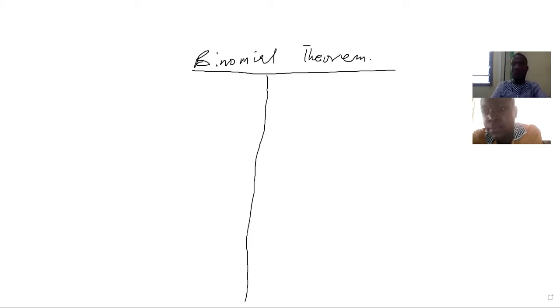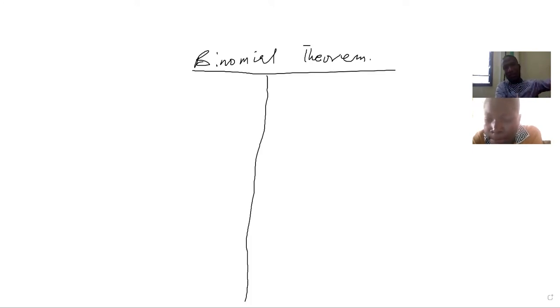phenomenon. All right, but the binomial expansion comes in very handy when we have very high exponents or very small exponents. When I say very small, I mean probably fractions as exponents.